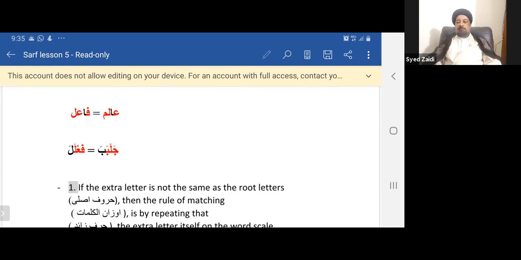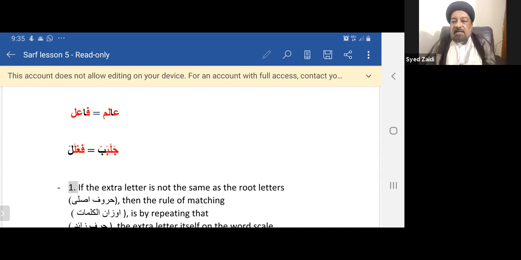You see, for example, the changes that occur on the word. The first one is, for example, alim. Now, in the word alim, you see that there is an alif in it. What I've done is that I've made it black.